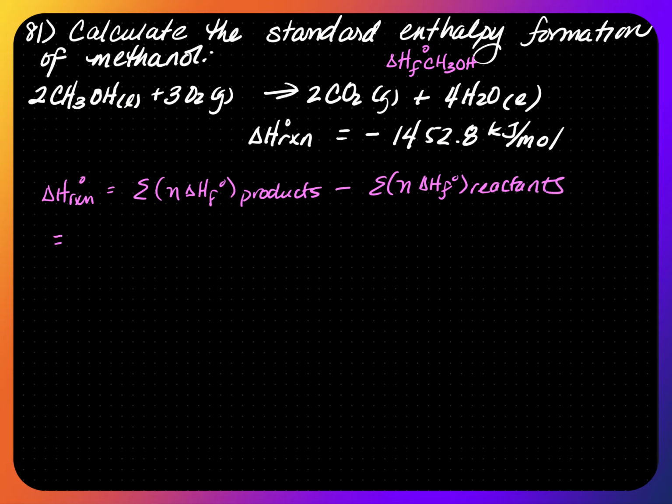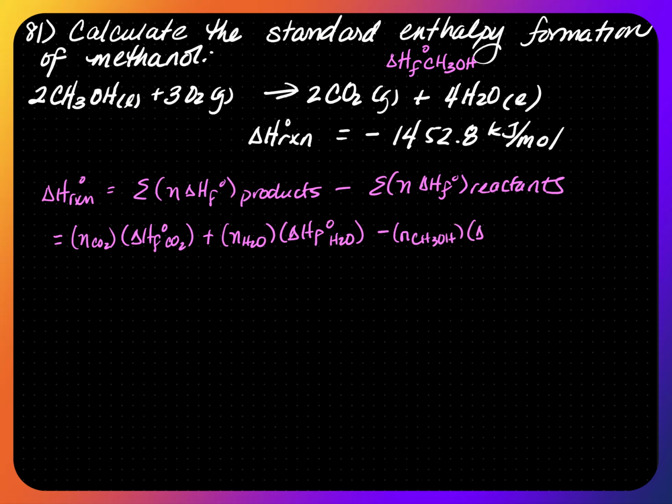So my equation now becomes moles of CO2 times delta HF naught of CO2 plus, because there are two products, moles of H2O times the delta HF naught of H2O, minus my reactants, which is the moles of methanol times the delta HF naught of methanol minus, again, it is products minus reactants.